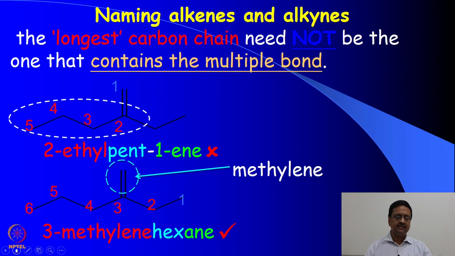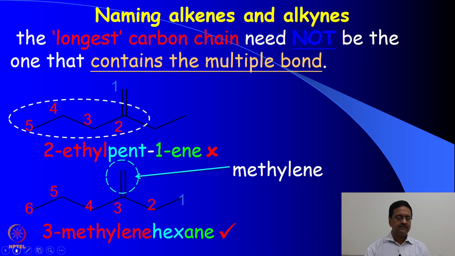So, we will first see what happens when you have different types of alkenes and alkynes connected together. The first point that again and again we should remember is that we need to find out the longest carbon chain, and that longest carbon chain need not be the one which has the multiple bond.